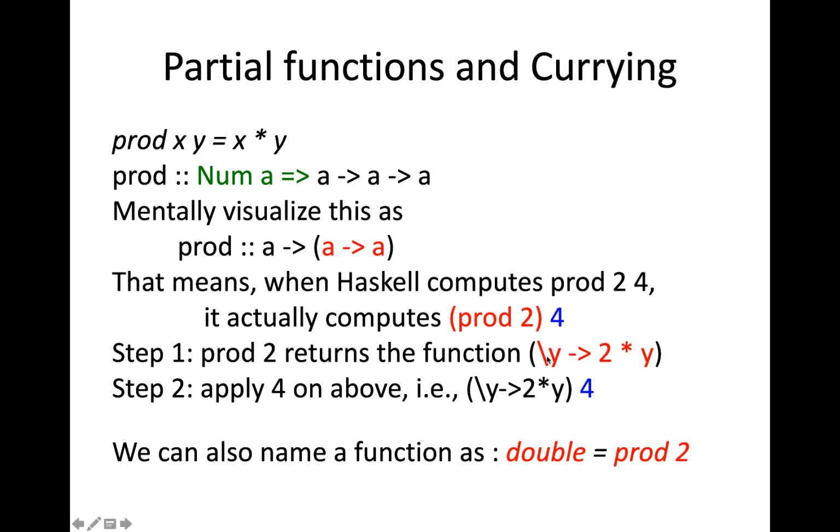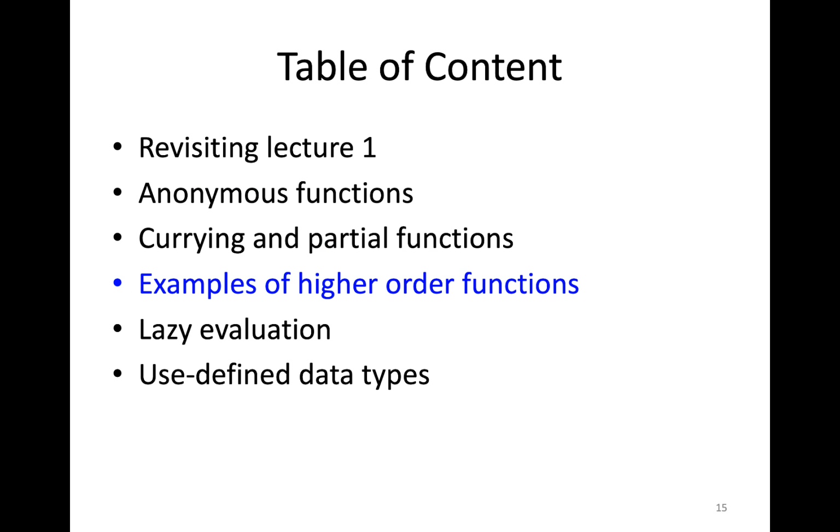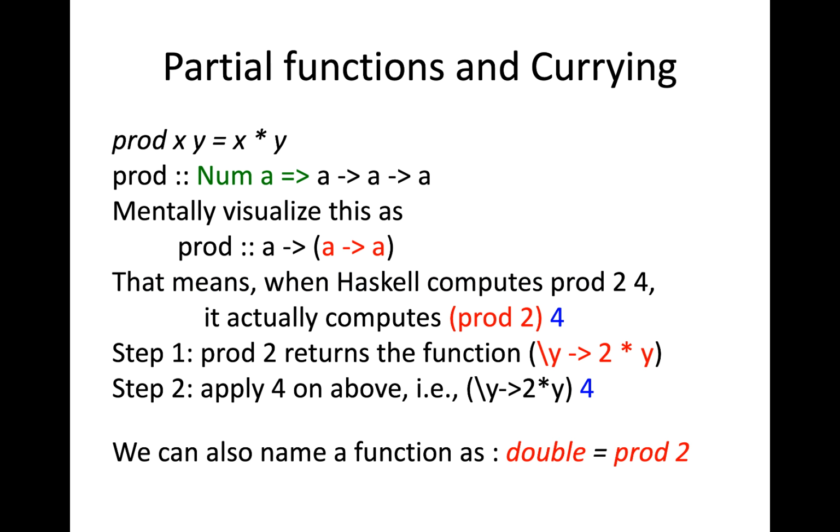The first one is something like this, and then the second parameter is consumed by that first partial function and gives the ultimate output. Okay, think about it. And this concept is also called currying.